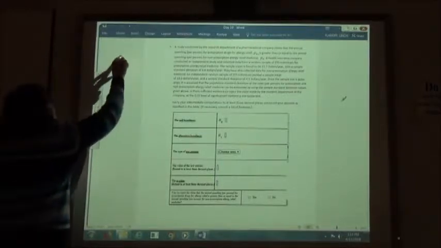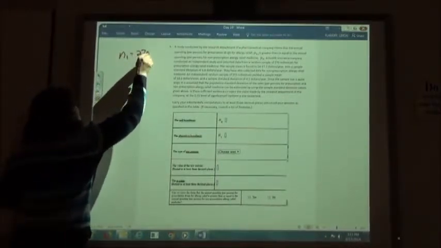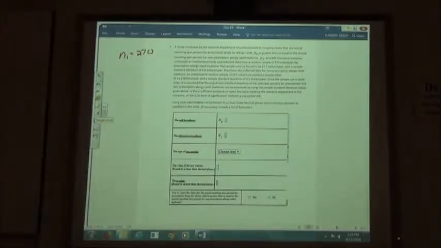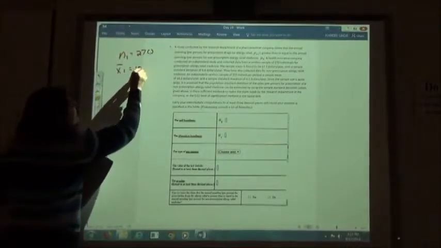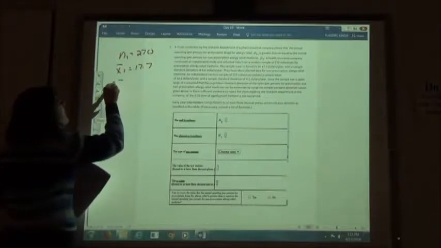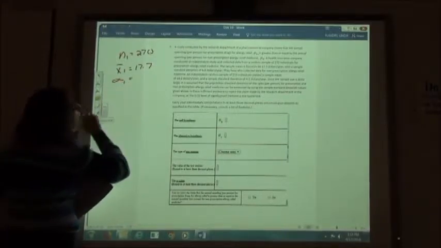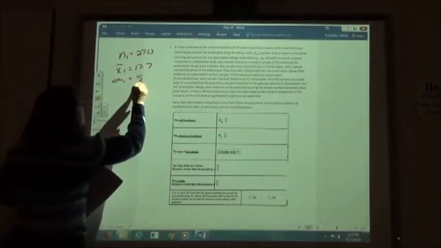So n1 is 270 people. The sample mean was found to be 17.7 with a sample standard deviation of $5.6 per year. So x-bar 1 is 17.7. Sigma 1, my standard deviation, was 5.6.